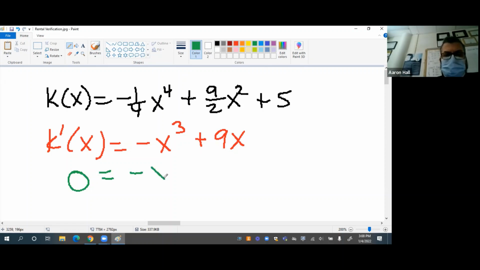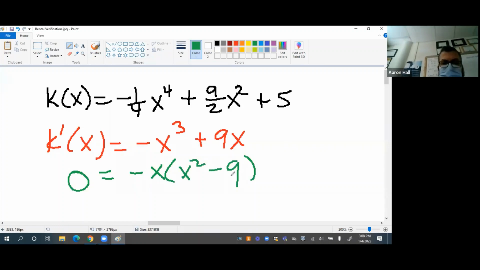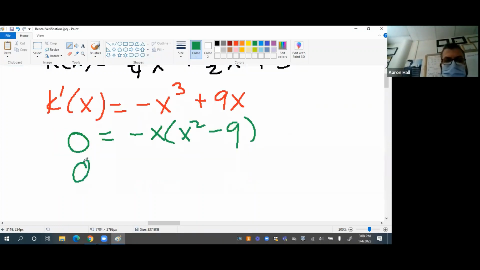So I have negative x, and what's left behind is x squared minus 9. And then I factored x squared minus 9 as x minus 3 times x plus 3. So you identified this as a difference of squares. Okay, that gave me x minus 3 and x plus 3.